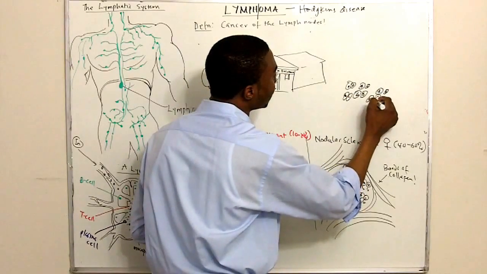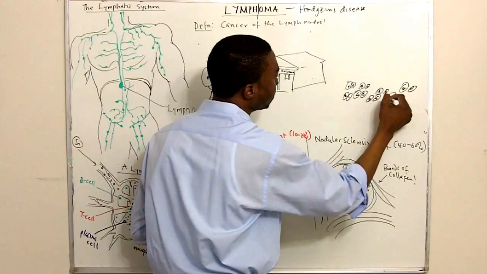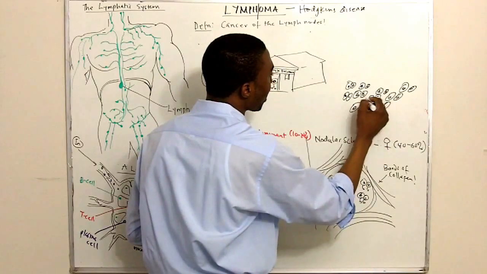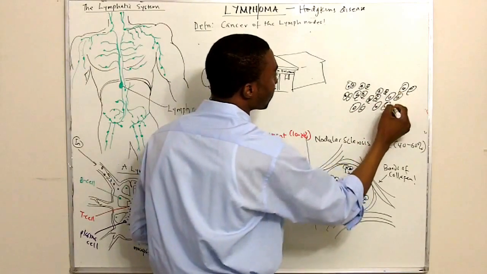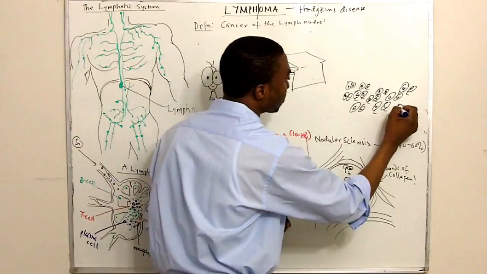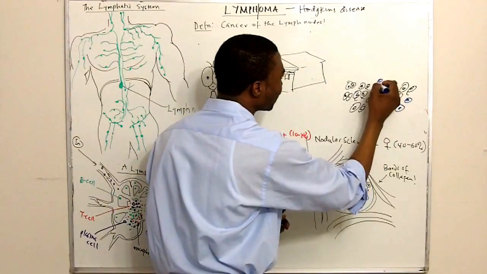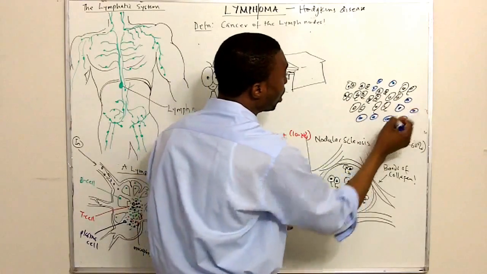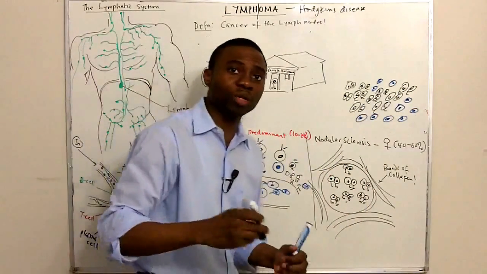A lot of Reed-Sternberg cells. Oh my goodness, where are you guys coming from? Well, we're just coming to have a good time, right? And we still have some lymphocytes in there, still wondering why there are so many of you coming in. We only want lymphocytes. They're like, well, we're just hanging out. We're not doing a lot.